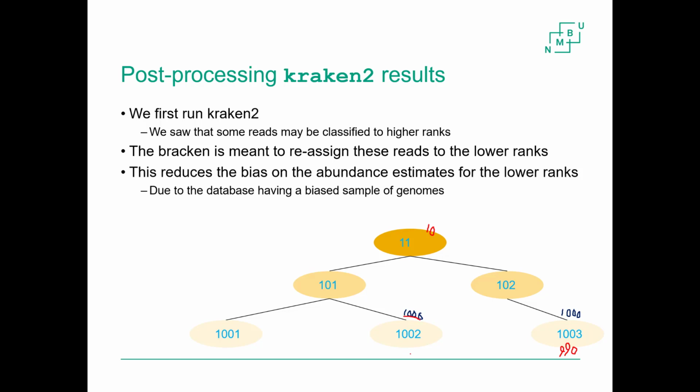They will probably only like 700 of them will end up here. And why is this number so much lower? Because this species here has a competing species over here, the 1,001. So many more of the reads that come from 1,002 look like they could have come from 1,001.